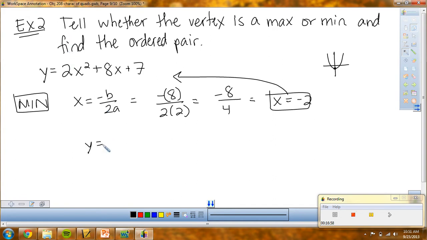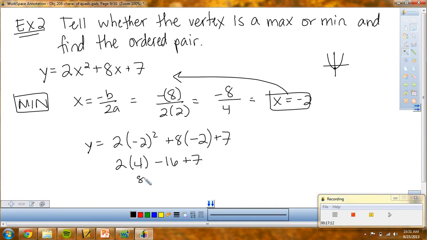So my y is equal to 2 times negative 2 squared plus 8 times negative 2 plus 7. I have 2 times 4 minus 16 plus 7, 8 minus 16 plus 7, and I get y equals negative 1.